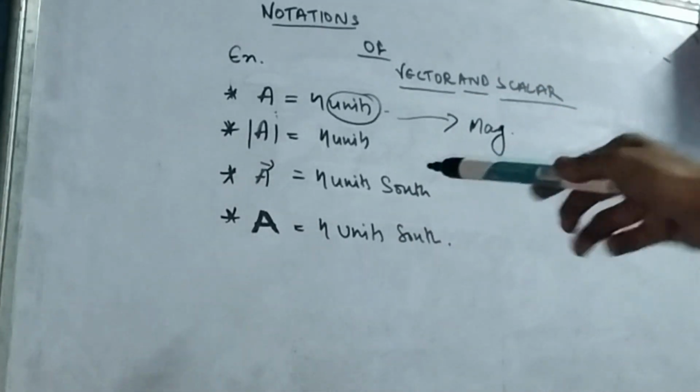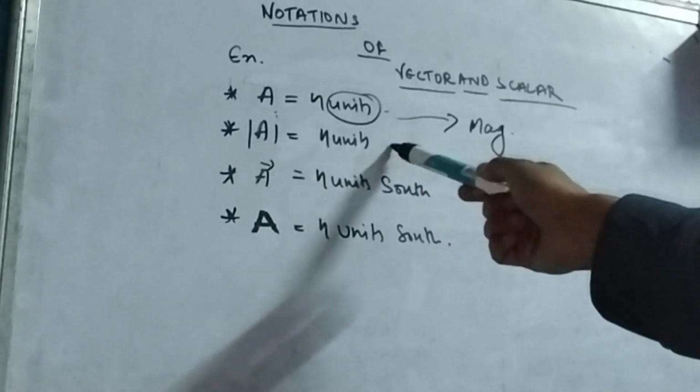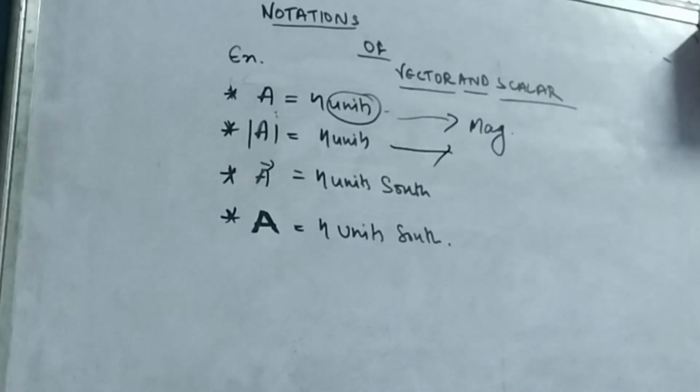And please pause the video and comment what is this number 2. I'll not do it, because you all have learned in class 10, no? So okay, I will explain.